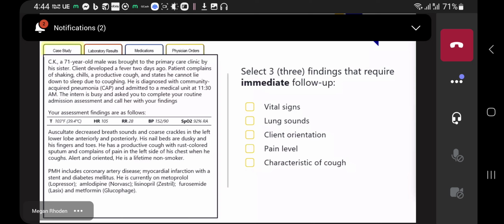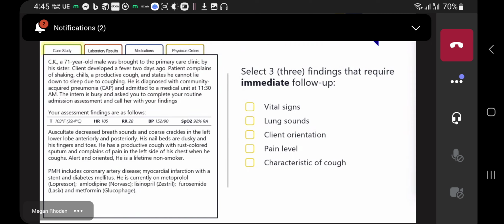All right, so question 6. The case scenario on the left-hand side of the screen is the same as what I just read. Question 6 says, select 3 findings that require immediate follow-up. So are these findings going to be vital signs, lung sounds, client orientation, pain level, or the characteristic of a cough?